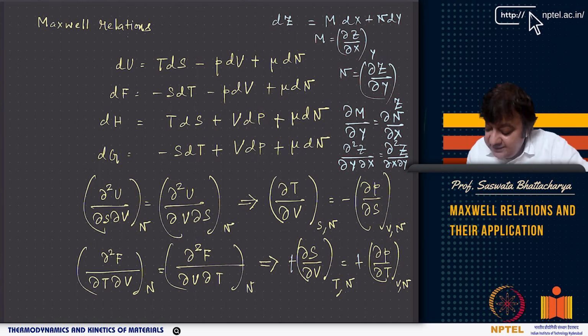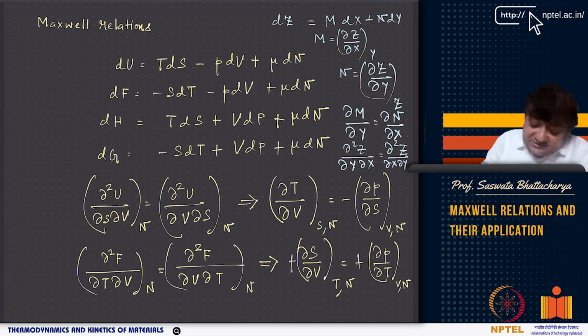See, the order is different, right? First we find del z del x, and then we differentiate with respect to y in this case. Here it is first with respect to y and then with respect to x. But that does not matter. The order does not matter as long as dz is an exact differential. And we know that all state functions in thermodynamics are exact differentials. So then we can basically replace them.